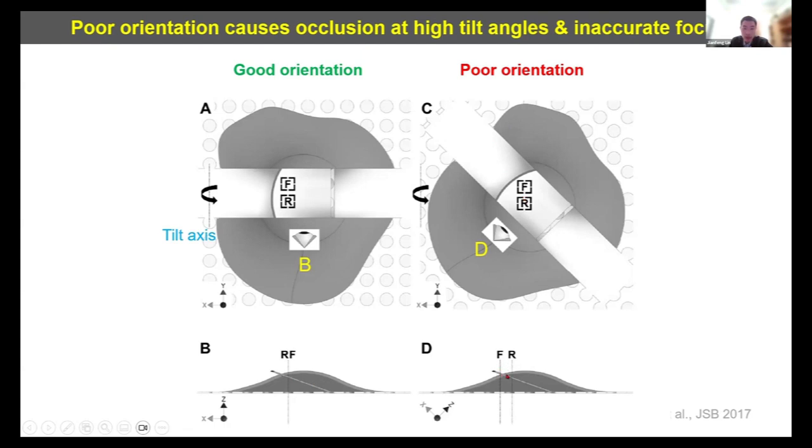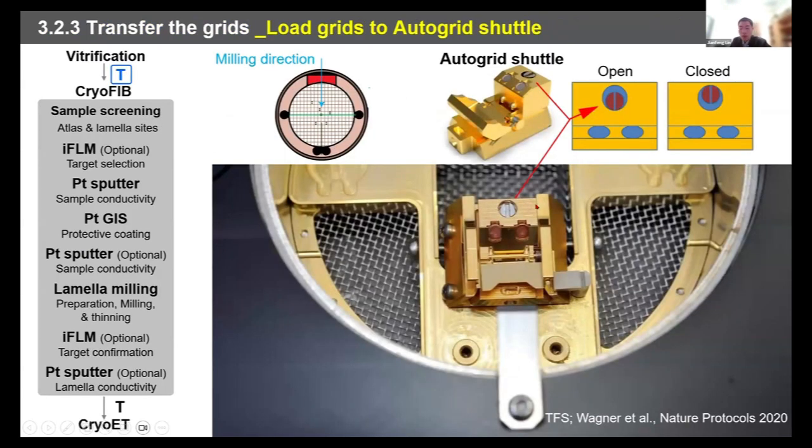For example, here it is higher than the record area. And the bad situation is that after tilting to different angles, the area is different. So this will make the focus of your image, based on the focus area, not accurate and different across your tilt series. This is not good for high resolution data. So that's why we want to make these markers.